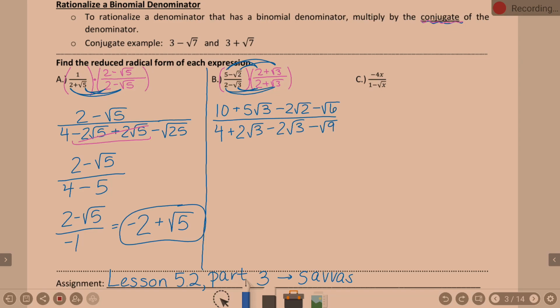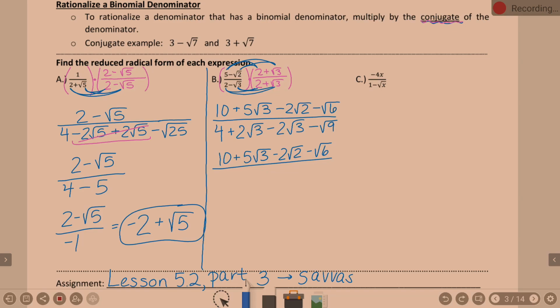No. It seems like it should, doesn't it? But I got a square root of 3, a square root of 2, a square root of 6, and one whole number. Unless something cleans up later, we're going to have all 4 pieces. So 10 plus 5 square root of 3 minus 2 square root of 2 minus square root of 6 all carries along.